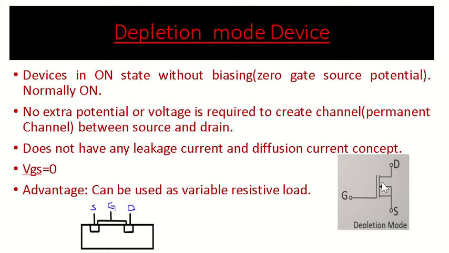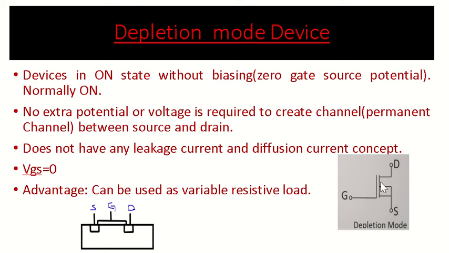One thing you can notice in depletion mode is that this line, which I am showing now, should be continuous. There won't be any intermittent line or any gap in this line. By seeing the symbol, you can make out whether the device is operating in depletion mode or in enhancement mode just by looking at this line.